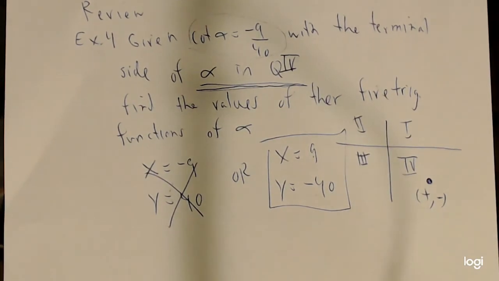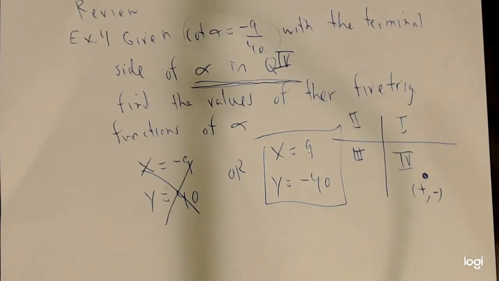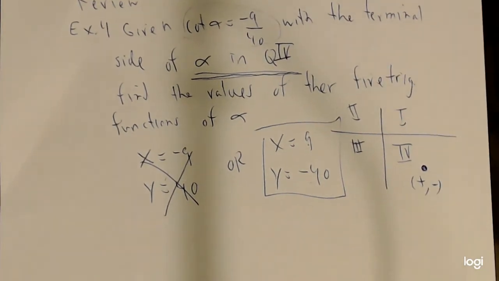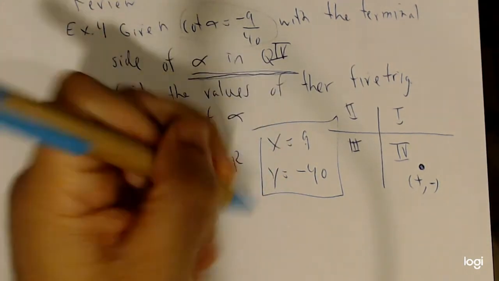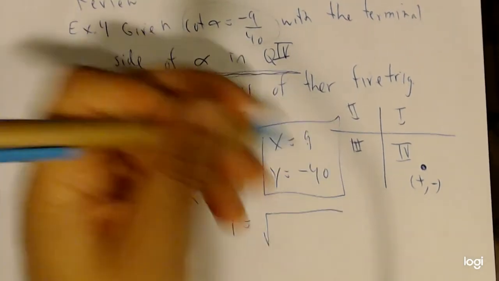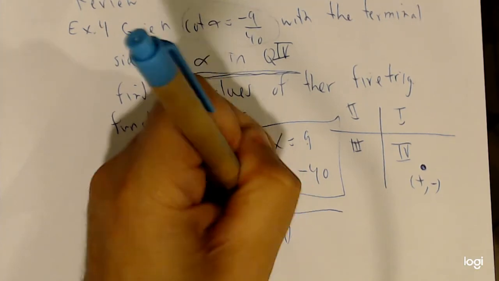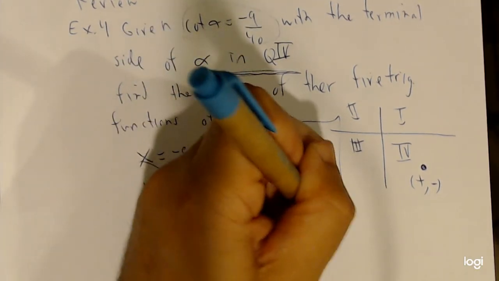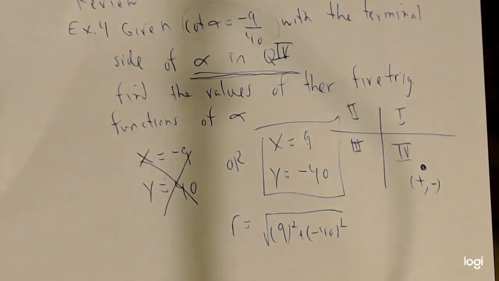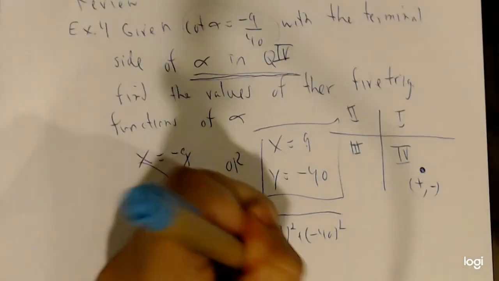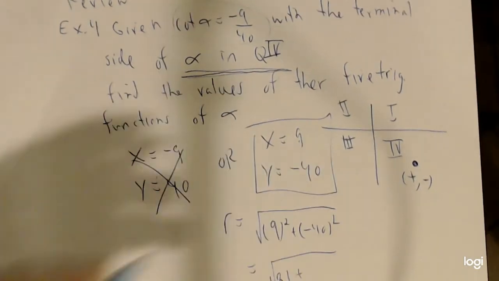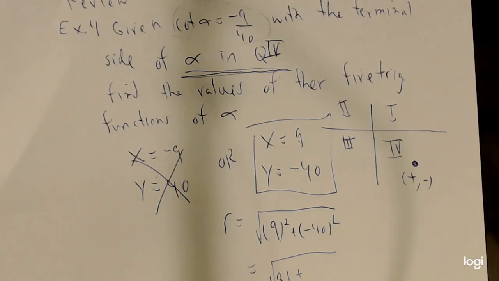So now, to be able to find the values of the other 5 trig functions of alpha, I also need to find r. And if you remember, r is found by the square root of 9 squared plus negative 40 squared. So what does that become? 9 squared is 81. 40 squared is, I believe, 1600.